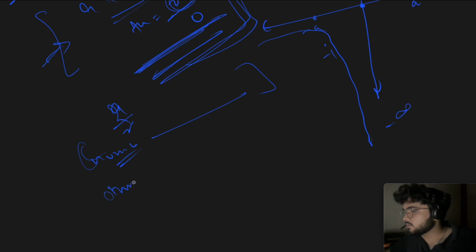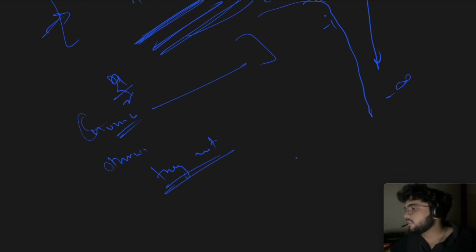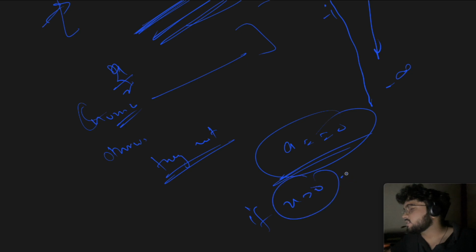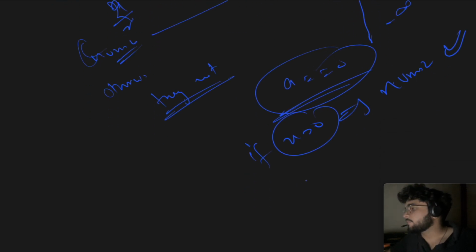Otherwise they will not. So in case of a equals 0, if your x is greater than 0, then all of the elements in nums2 will satisfy, and if x is less than 0, then none will satisfy.